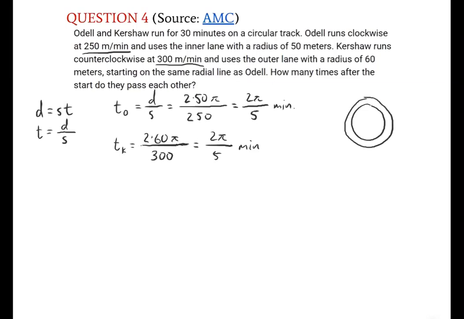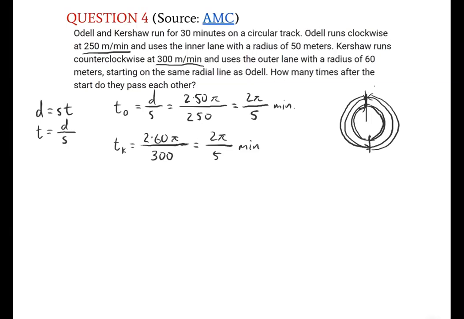So basically, if they both start from this radial line, Kershaw will run this way. Wait, no, Kershaw's on the outside. Odell runs this way, Kershaw runs this way. They both meet here, and then they continue running, and they meet again here.